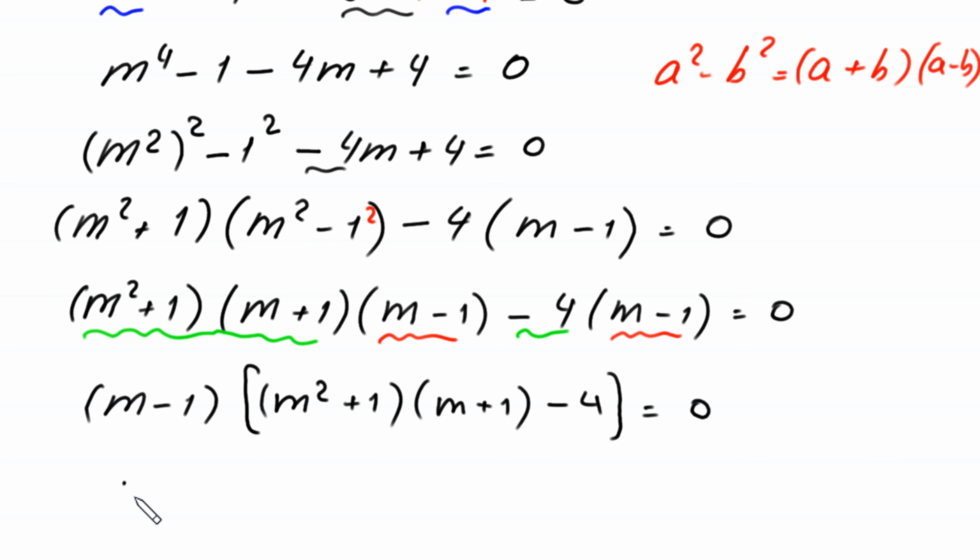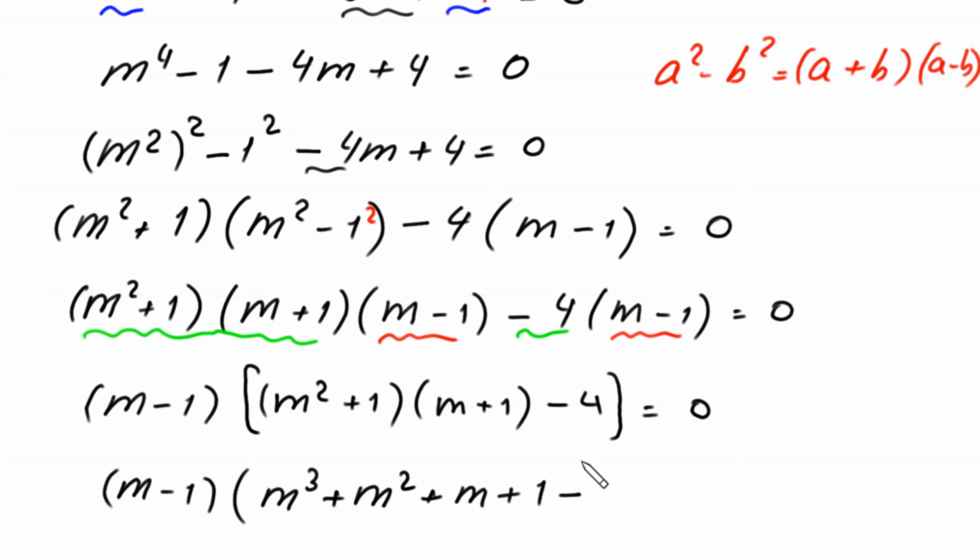Next, m - 1 times: m^2 times m is m^3, and m^2 times 1 is m^2. Now plus 1 times m is m, and plus 1 times plus 1 is plus 1, minus this 4 is equal to 0.